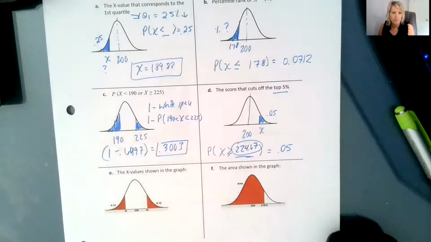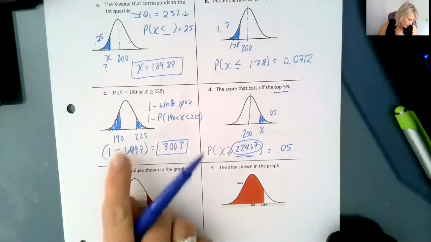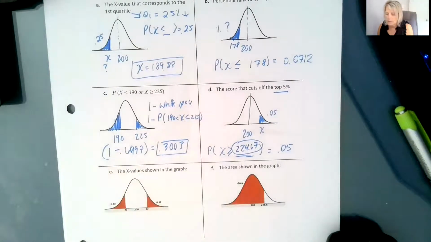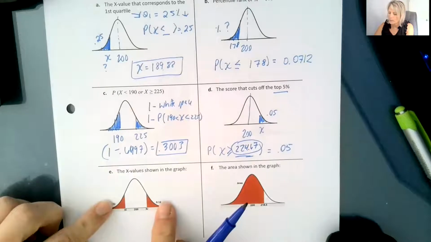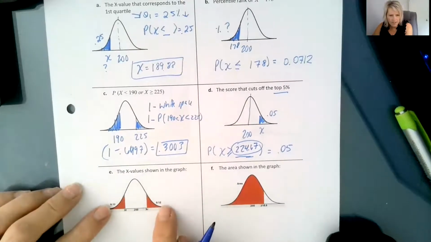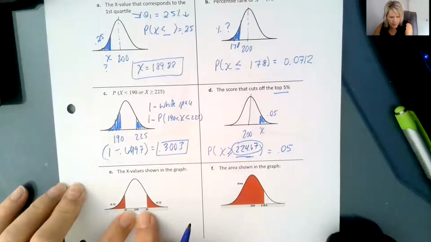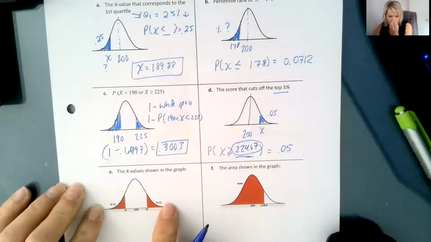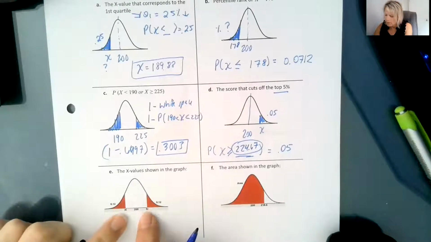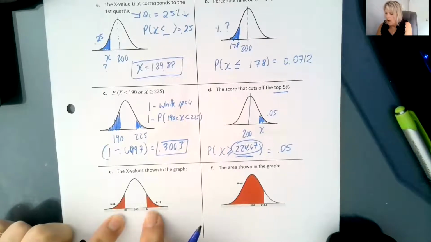So again, this is similar to C up here. We need these values out here, so we're going to subtract away the in between. But we want to know the X values this time. So we already know the area. The area is both the same, right? They're symmetrical. So this one and this one here.